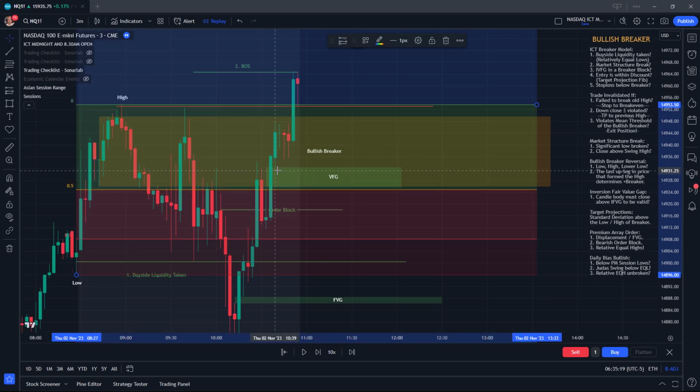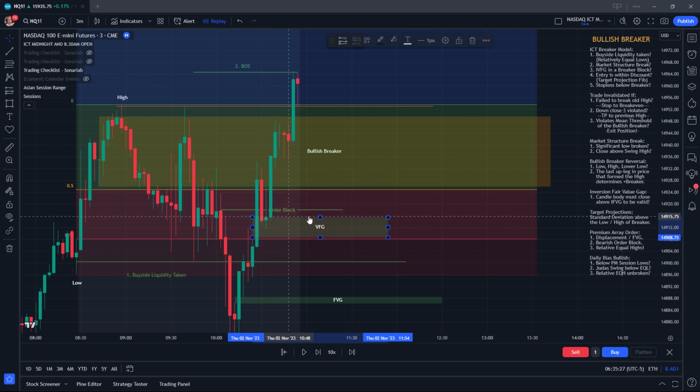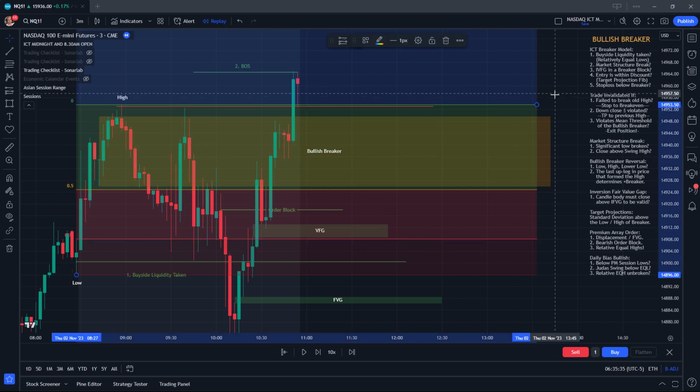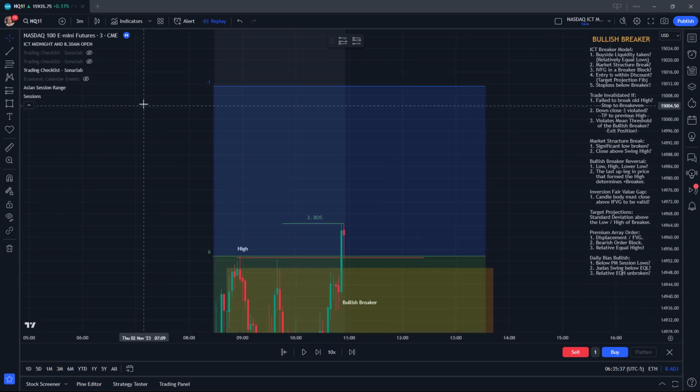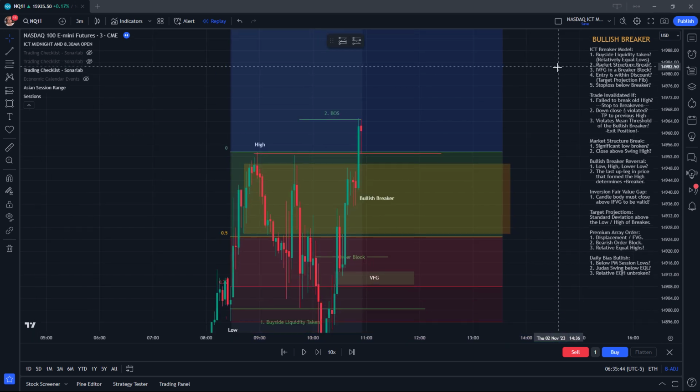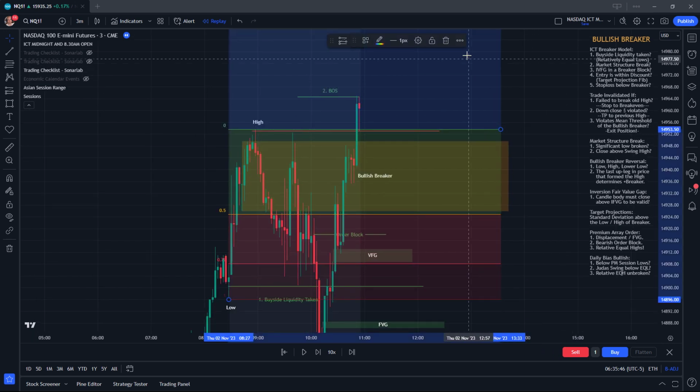It doesn't really look like this fair value gap is within our discount, but I have just noticed this other fair value gap here, so we could actually use that instead. And then we've got a target up here which we can potentially use, but at this stage I don't really feel confident enough entering a trade.